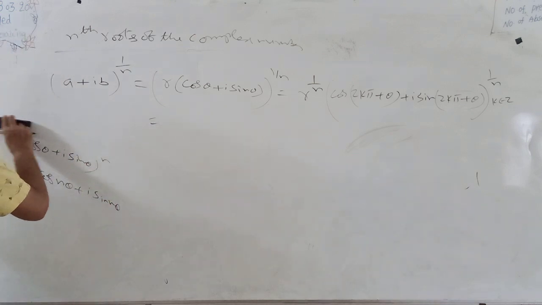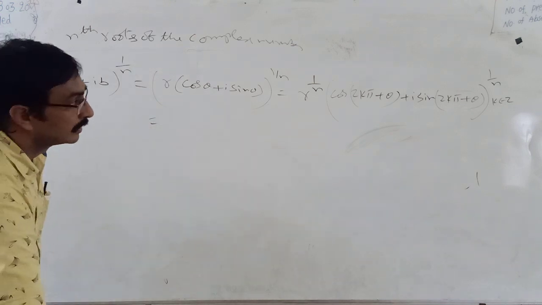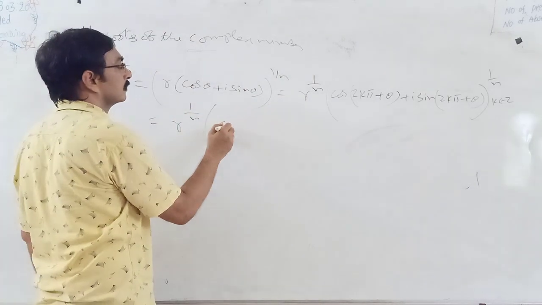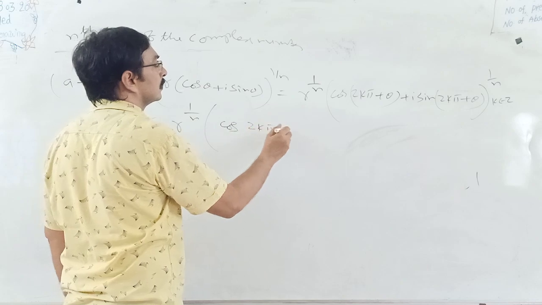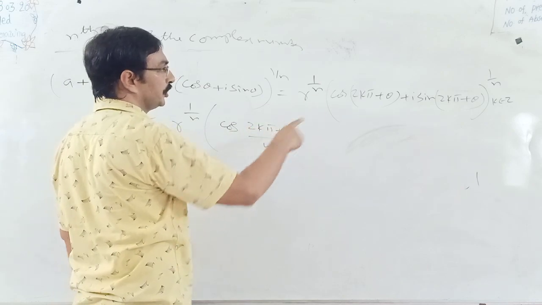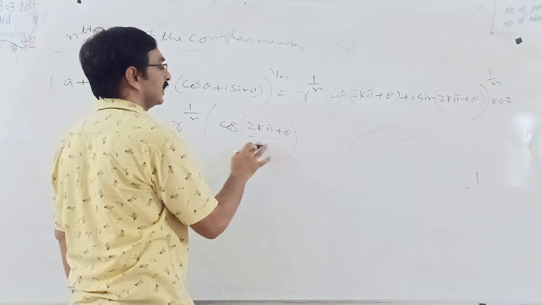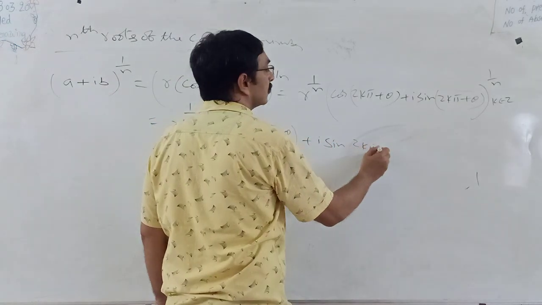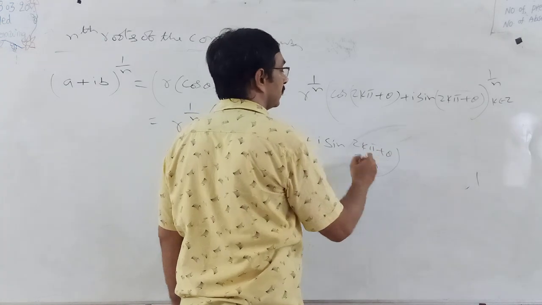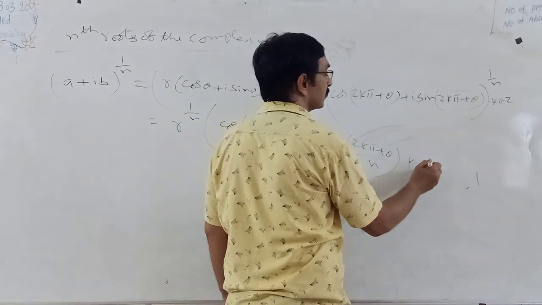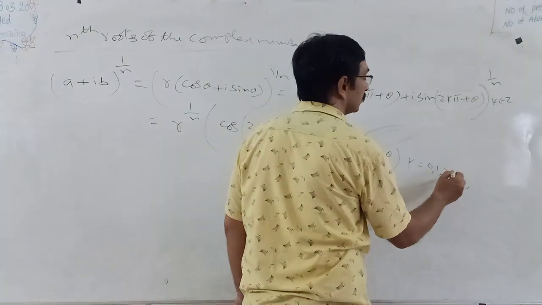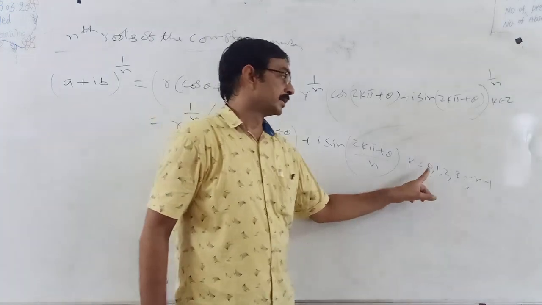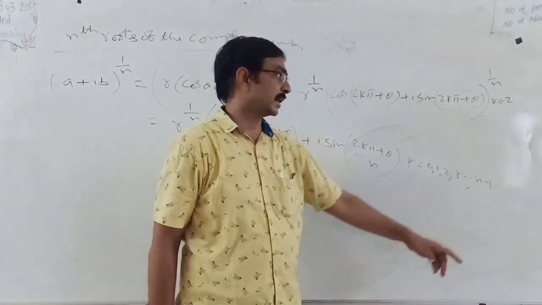So from this formula, this can be expressed as r power 1 by n into cos of (2k pi plus theta) by n plus i into sin of (2k pi plus theta) by n, where k equals 0, 1, 2, 3 and so on up to n minus 1, because from 0 to n minus 1 the number of values is n.